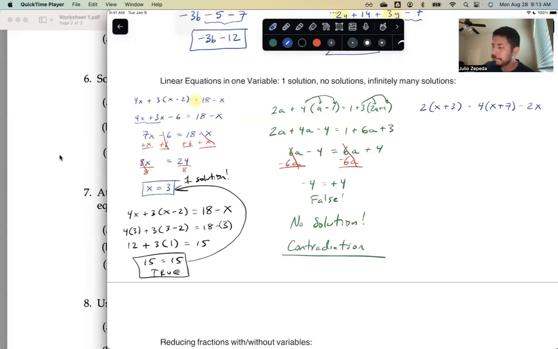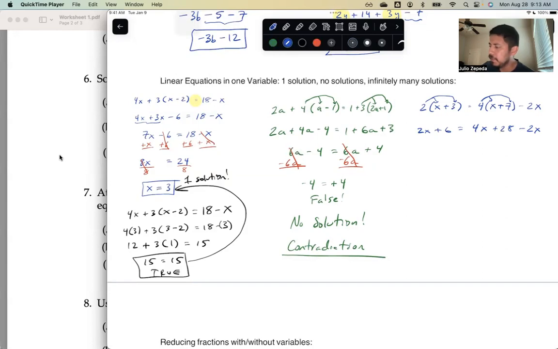Next, let's take a look at our last equation here. Distribute, and we get 2x plus 6 equals 4x plus 7. 4x plus 28. Hopefully I don't make any mistakes in these videos since there's nobody here to correct me.